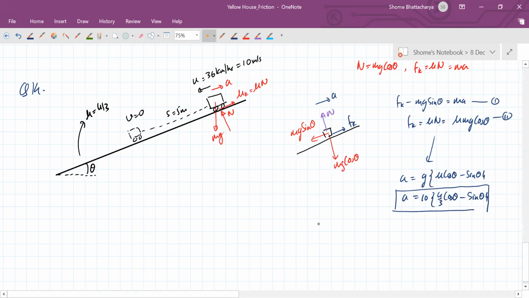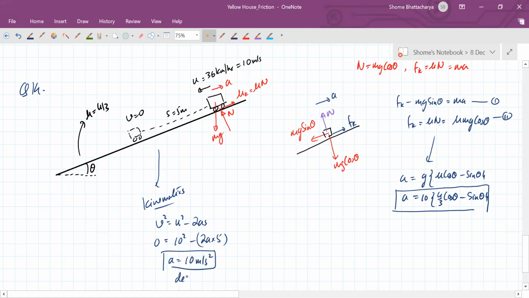Okay. And now given the kinematics, we want that deceleration to be equal to 10 meters per second square. This should be the deceleration.